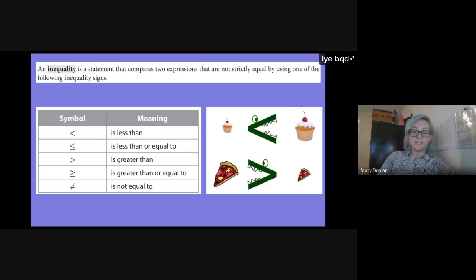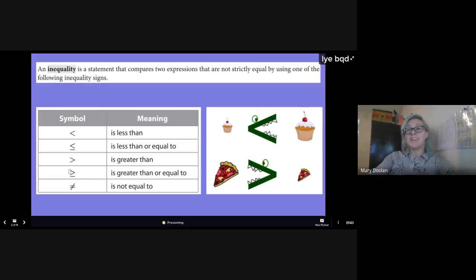And notice that is less than or equal to contains both the is less than sign and half of an equal sign. Is greater than or equal to contains half of an equal sign and the is greater than sign together. And then the last one is not equal to.